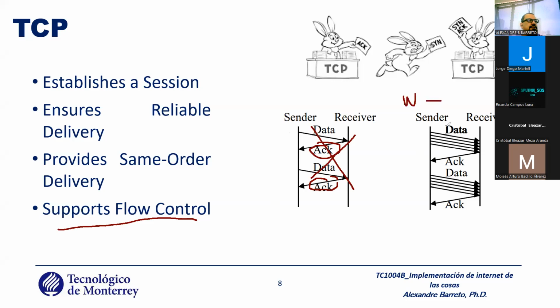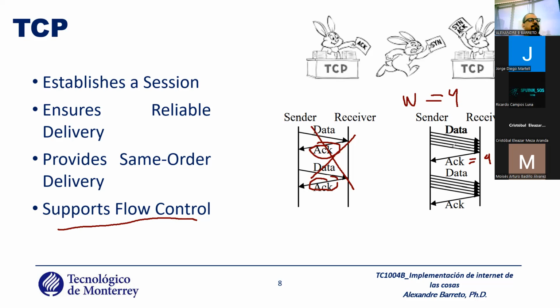Think that in this case, 1, 2, 3, 4, the window is equal to 4. You can send messages 1, 2, 3, and 4. And what does the receiver answer? The receiver answers ACK4. What does ACK4 mean? It means that you received packet 1, packet 2, packet 3, and packet 4.